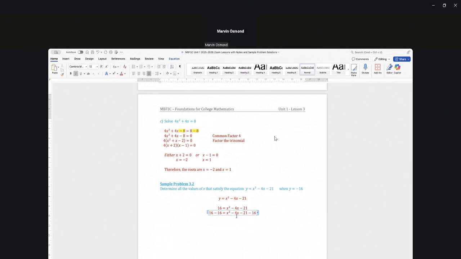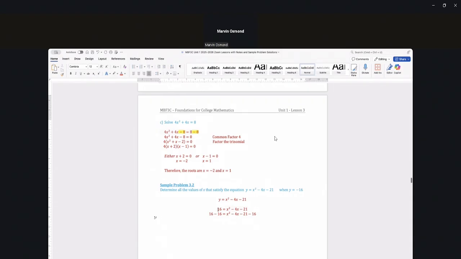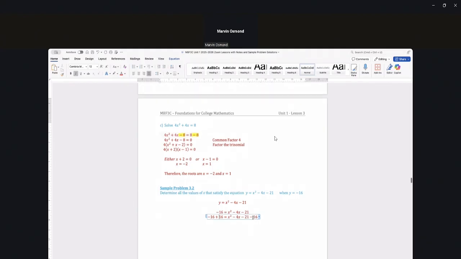And I'm noticing a problem already. Not really a problem, but this is not going to work out the way I had intended. Oh, sorry, no, this is y is negative 16. There we go. Now it will work. So now I need negative 16. I need to add 16 to make it 0. And if I add 16 to that side of the equation, I need to add 16 to this side of the equation.